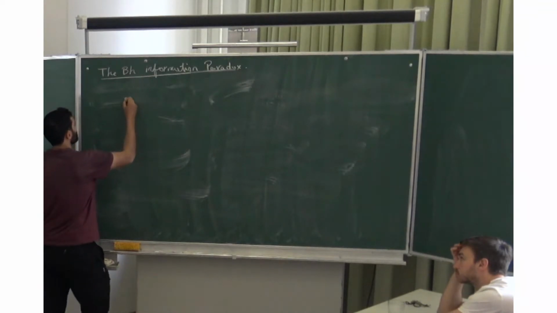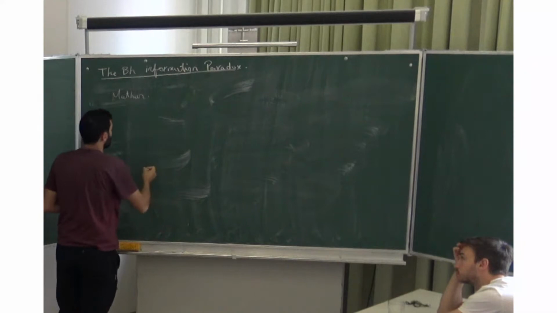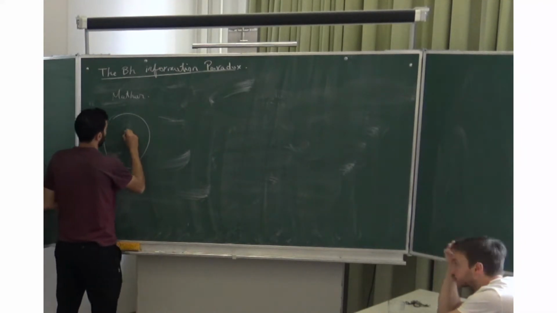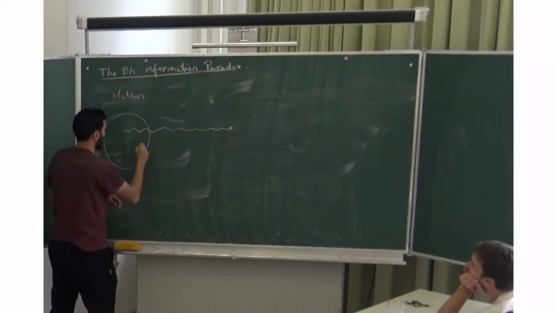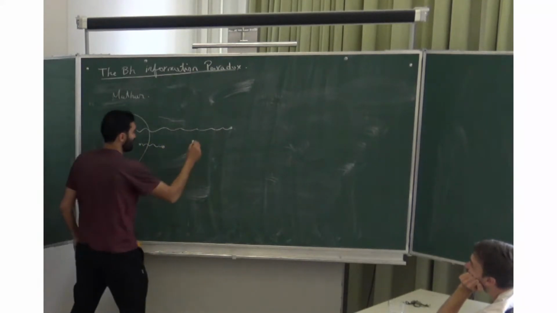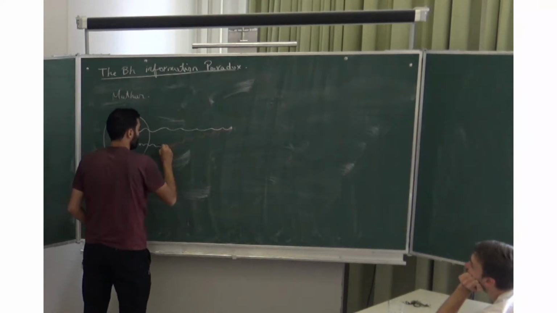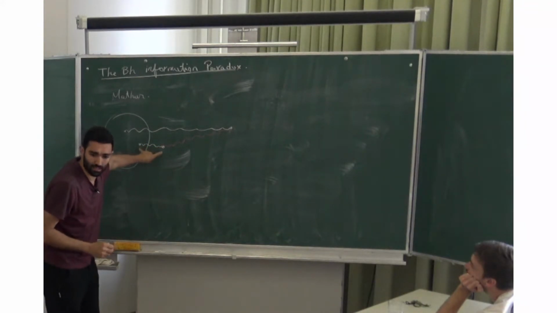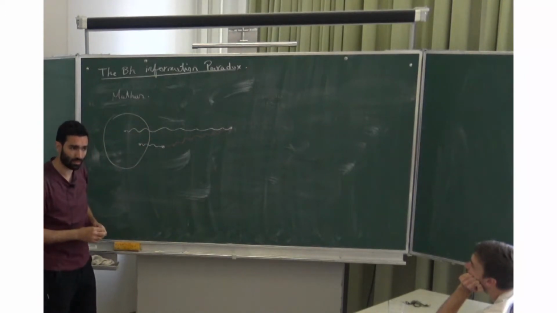Okay, so then it was shown by Mathur that if this is an early radiation particle, already far away, and this is a late radiation particle, still near the black hole, these cannot be entangled with each other, because each of them is already very strongly entangled with its partner inside the black hole, as is clear in the Hawking state.